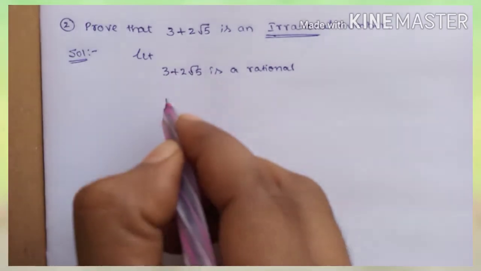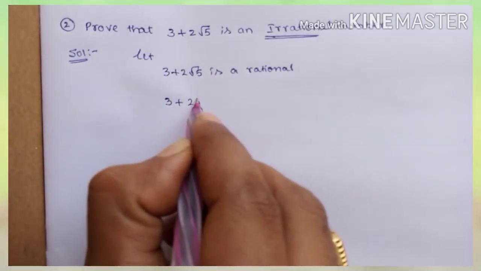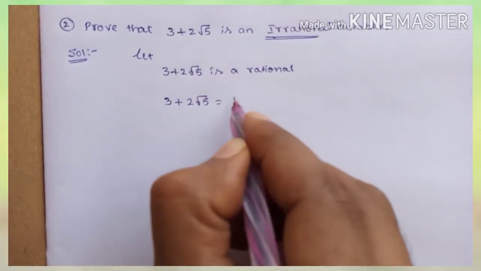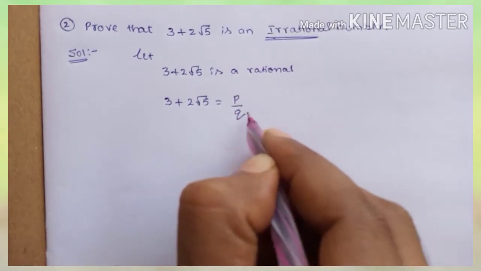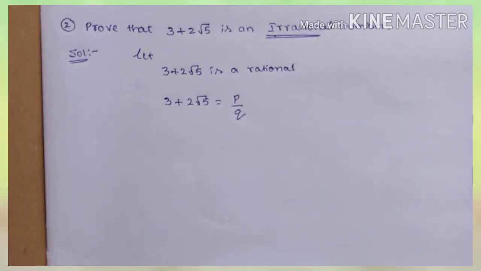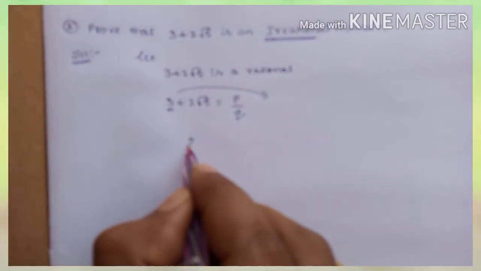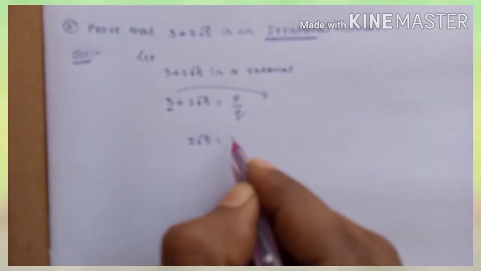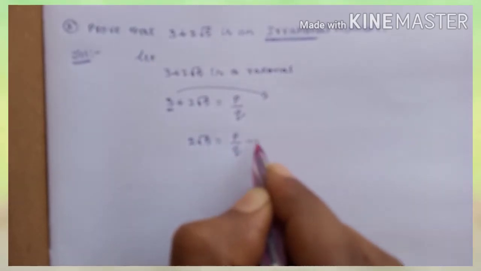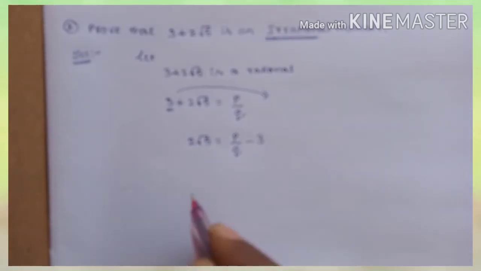So 3 plus 2 root 5 is equal to p by q, since any rational number can be written in the form p by q or a by b, right? Now here 3 is rational; transpose it to that side, so 2 root 5 is equal to p by q minus 3.